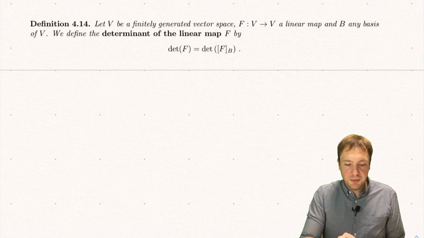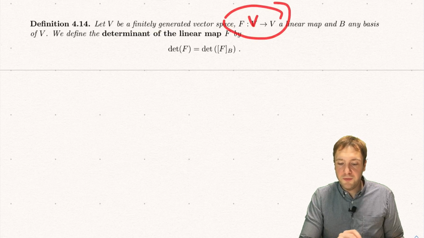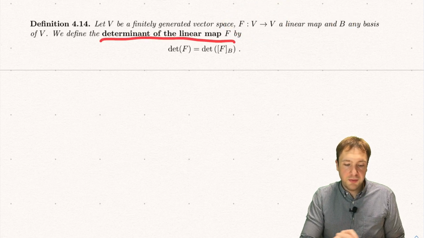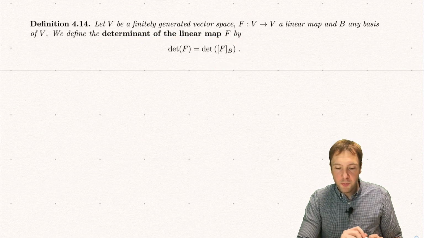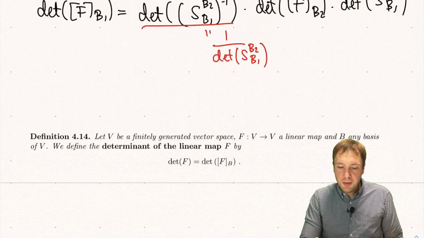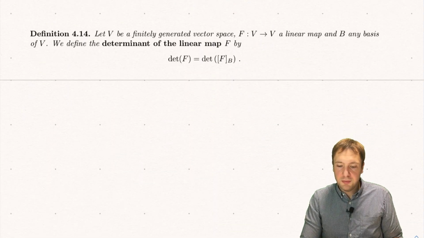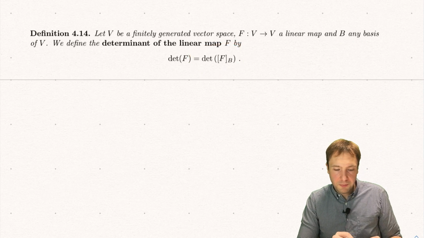So the definition is, if we have a finitely generated vector space and a linear map from V to V, and B is any basis, then we define the determinant of the linear map F as the determinant of the matrix of F with respect to the basis B. And due to this corollary, it doesn't matter which basis we choose, because these determinants will always be the same.